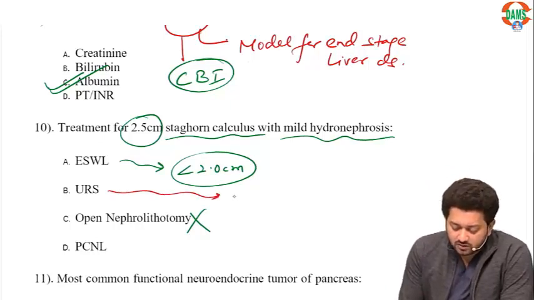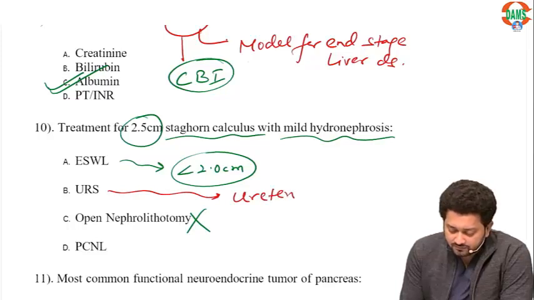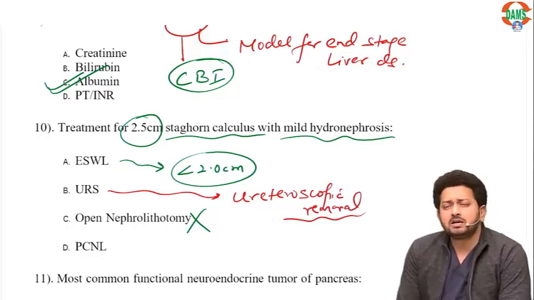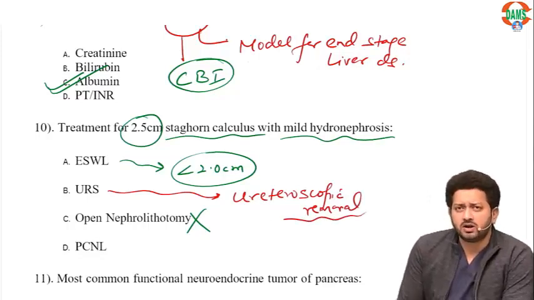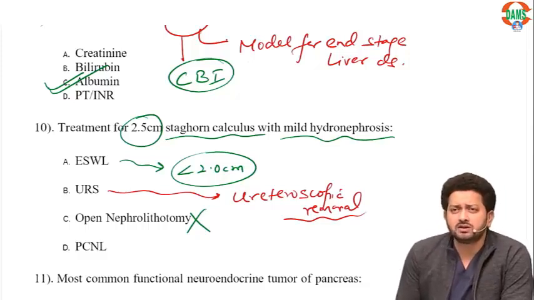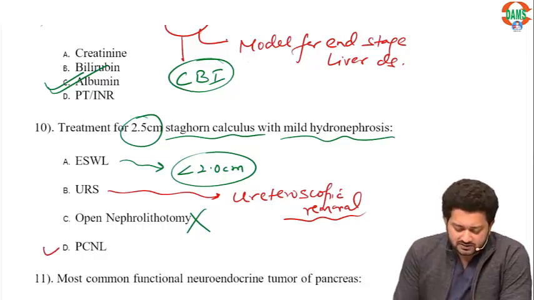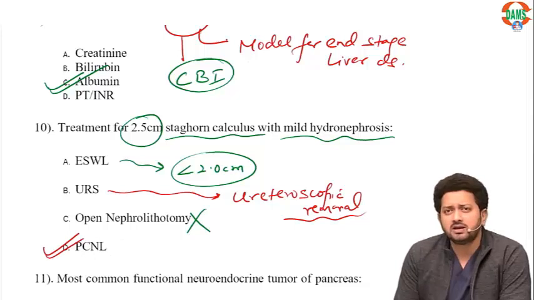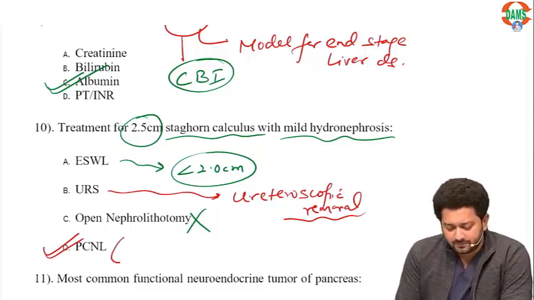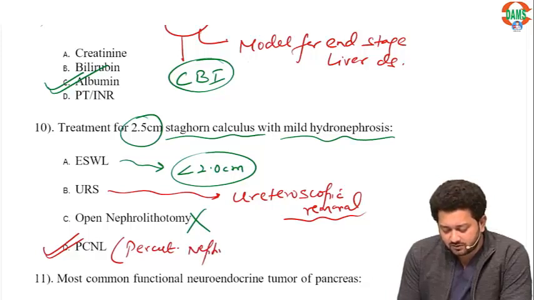URS is ureteroscopic removal of stone, mainly done for stones present in the ureter, especially in the lower 1/3 of ureter. A 2.5 centimeter staghorn calculus means it is in the pelvis. PCNL should be done, percutaneous nephrolithotomy.